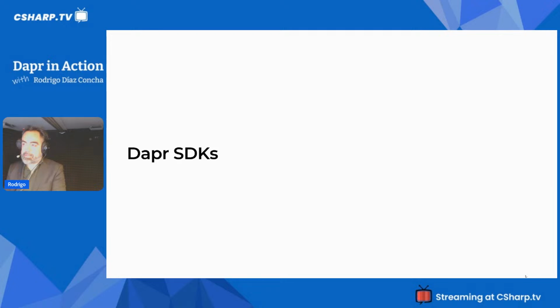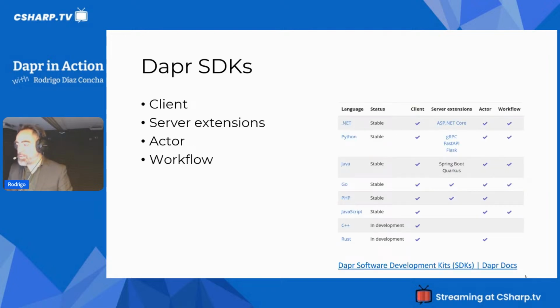In Dapr, the sidecar is exposing this API, but actually, I don't think it's real world just to send requests and expect responses from the API. Most of the time, friends, you want to use an official SDK. That's why our friends from Dapr created those SDKs. So let's use those SDKs in our applications.